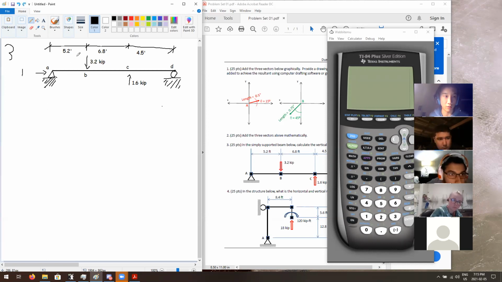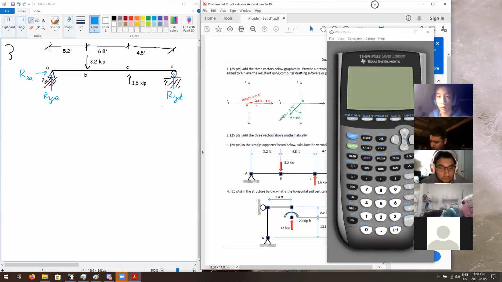I'm going to make this a different color so it pops better. Cyan. R sub x A and R sub y A. Rollers only have one reaction, so it's just R sub y D because it's at point D.